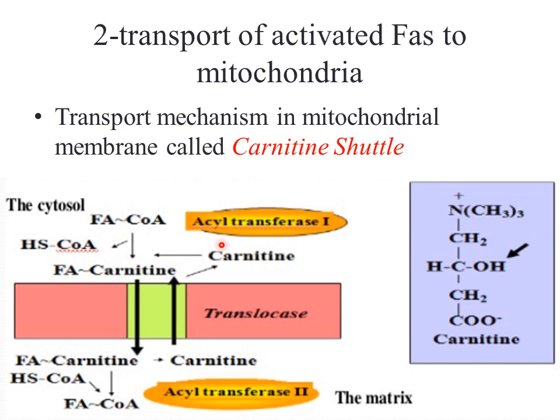This mainly facilitates the inside and outside movement of the fatty acid across the membrane of the mitochondria, so this is called the carnitine shuttle. Here you can see fatty acid carnitine inside and outside the mitochondrial membrane, and this is the activated form of the fatty acid that gets transported into the cell for further metabolism.